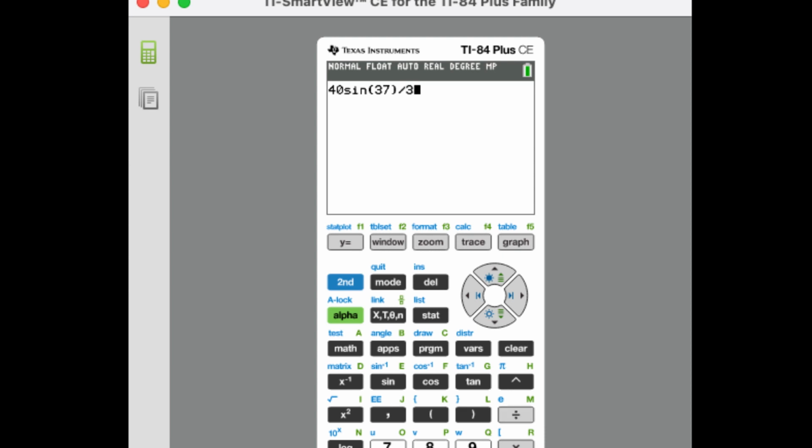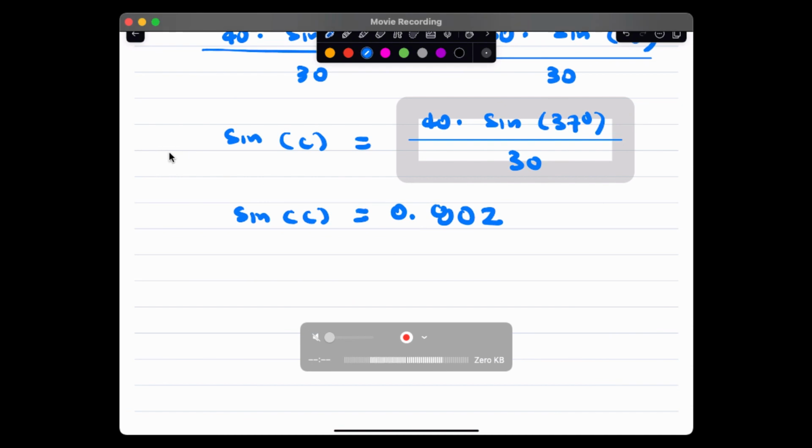Divided by 30. And what do we get? Is that bigger than 1? No. So guess what? We're going to have two solutions. Is that right? So it'll be 0.802. So, okay, that's what I wrote down.